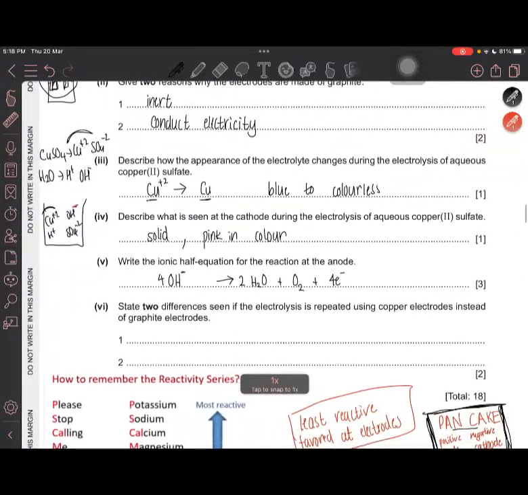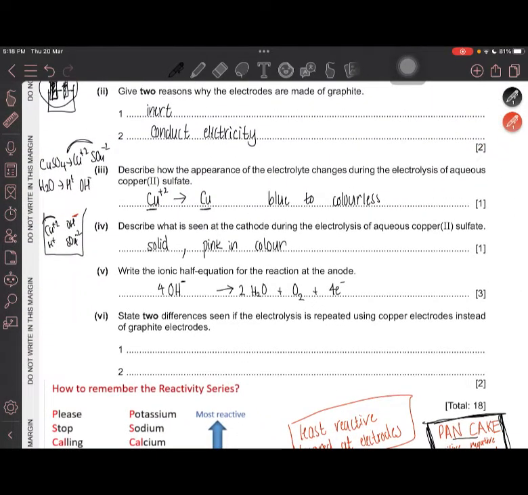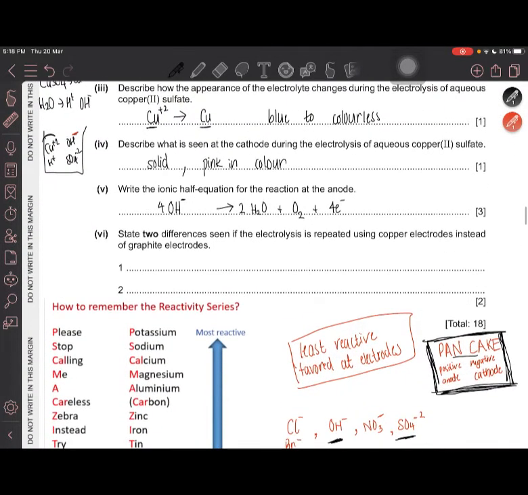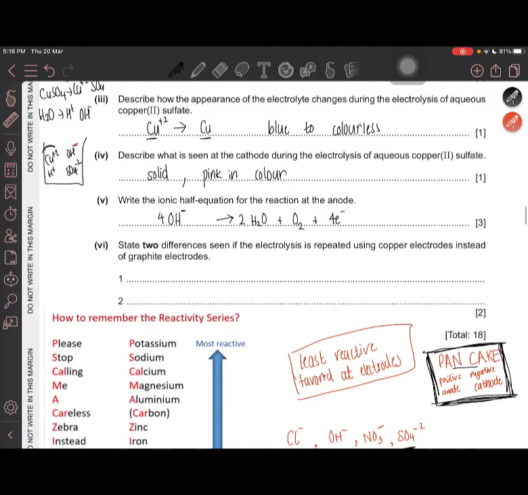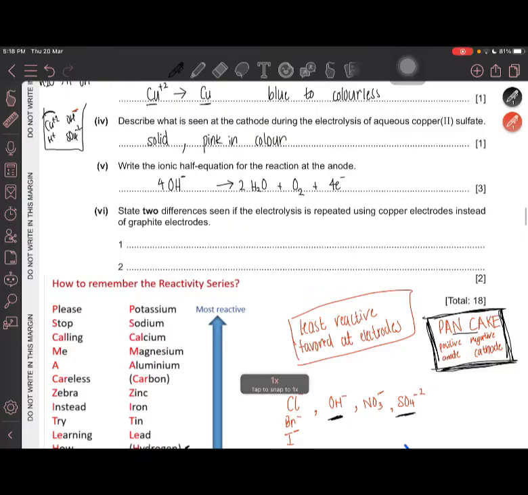You might forget which electrode is positive and which is negative. So remember, PANIC: anode is positive and cathode is negative. The anode is positive, so it attracts negative anions, OH-. State 2 differences if electrolysis is repeated using copper electrodes instead of graphite.